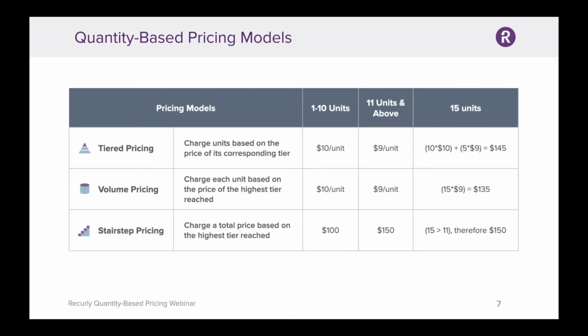If somebody buys more of a product, you could charge less for each product. If somebody buys more of a product, you could start to charge more for those products. It's really whatever makes sense for your business and your monetization strategy. So we'll take it a step further into a couple examples of each of these and a few merchant scenarios that we've seen. Next slide.